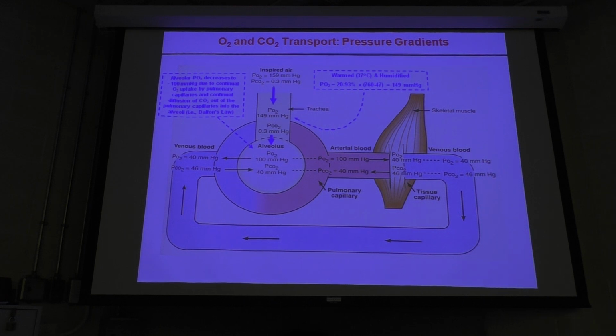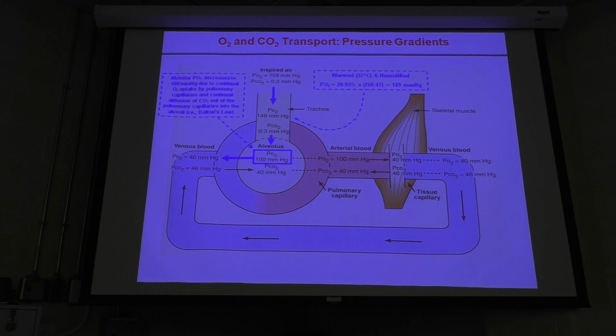So now what happens is that we have an alveolar PO2 of about 100 millimeters of mercury, and the blood that's returning from the exercising tissues has a venous PO2 of about 40 millimeters of mercury. So now we have a pressure gradient for oxygen, a diffusive oxygen flux, of about 60 millimeters of mercury.